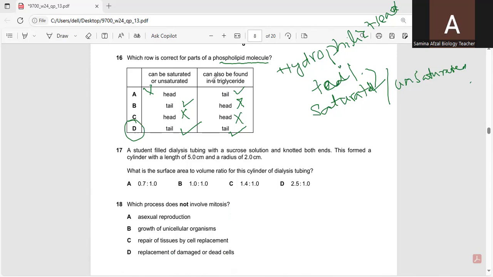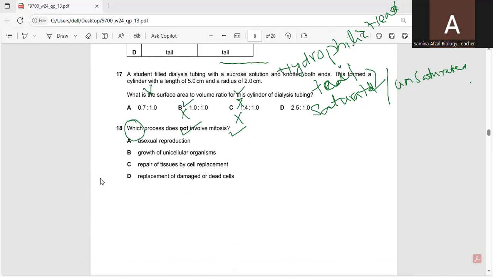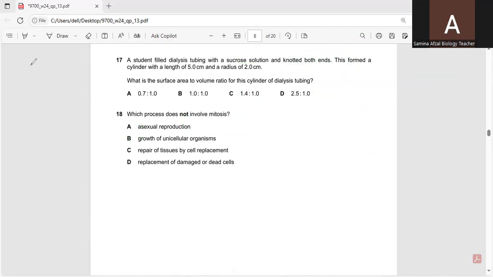Now moving towards the next question, number 17. Question number 17 is: a student filled dialysis tubing with the sucrose solution and knotted both ends. This formed a cylinder with a length of 5 centimeters and a radius of 2 centimeters.